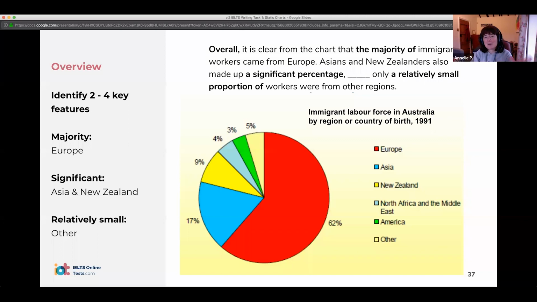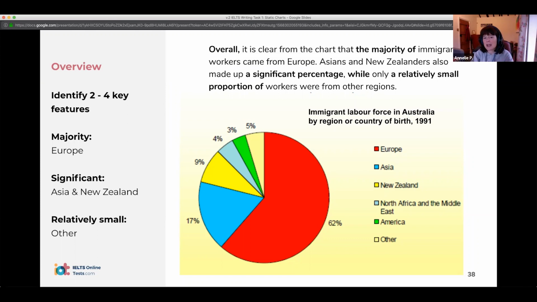All right, and then we're going to compare that to everywhere else. So to compare, okay, very good, Tamana, while, okay. So we've got the comparison there between the significant percentage and the low percentage.